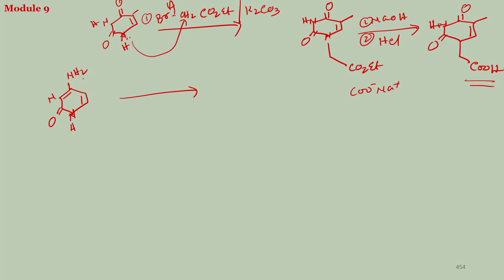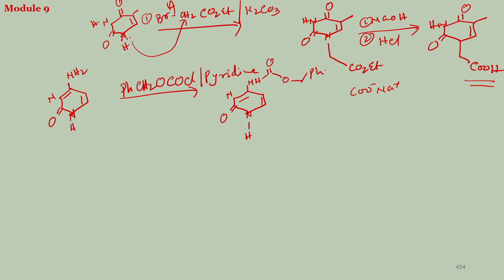So, you have to first block, protect this, with Ph CH2O CO Cl in the presence of pyridine, you need a Lewis base. Then what you will have is NH COO CH2 Ph. This is the protection of the amine.